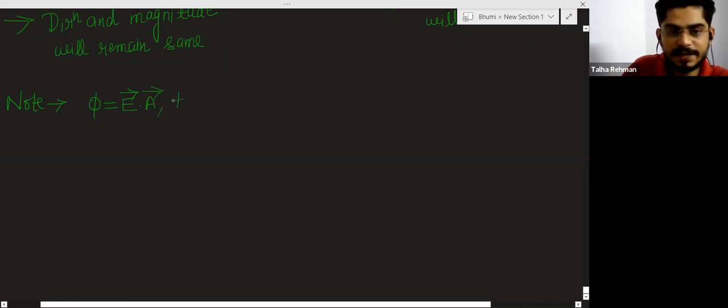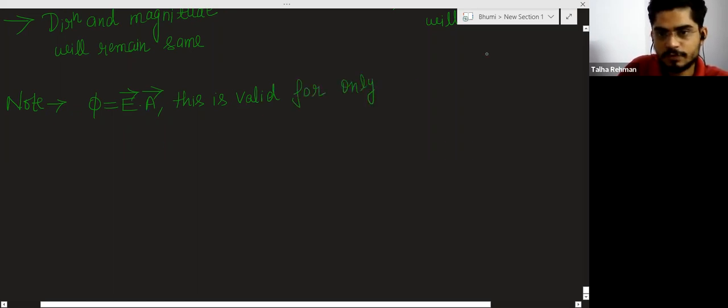But this is valid. This is a very important point. This formula is valid only if either the surface is a plane surface plus the electric field is a uniform electric field.